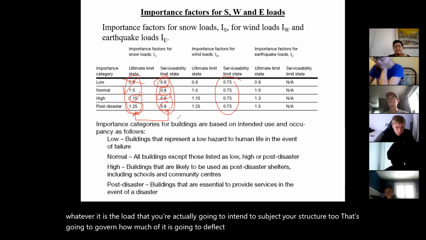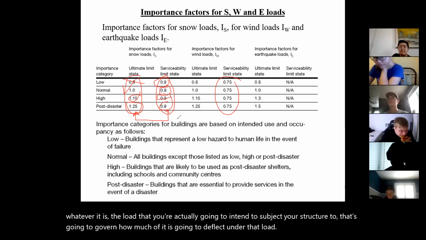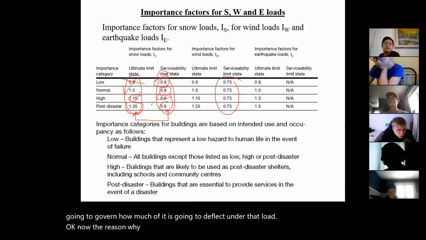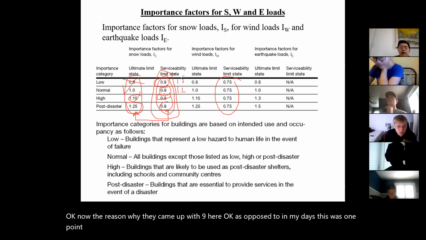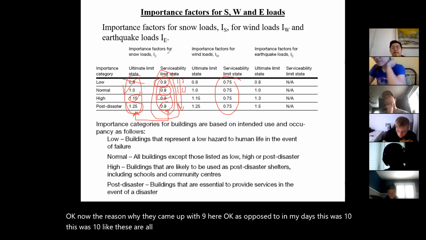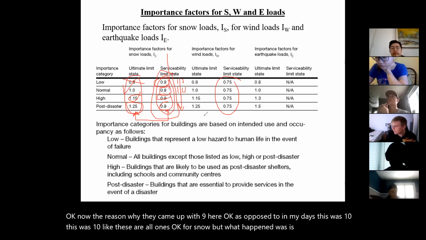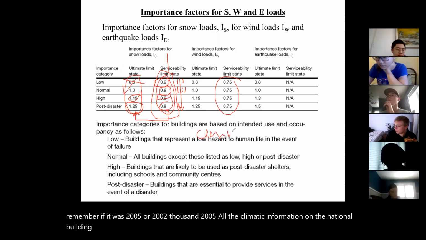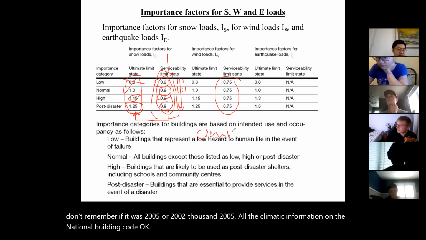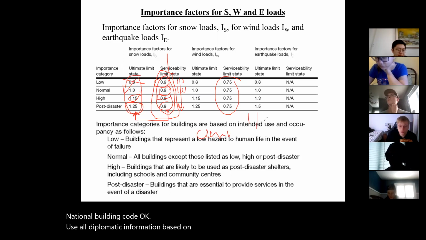Now, the reason why they came up with 0.9 here, as opposed to, in my days, this was 1.0, these were all ones for snow. What happened was that, I don't remember if it was 2000 or 2005, all the climatic information in the National Building Code used to be based on the probability of 1 in 30 years.